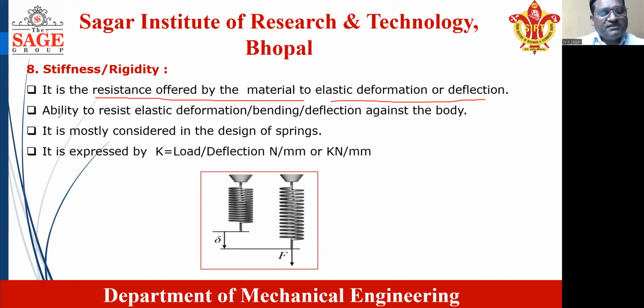It can also be defined as the ability to resist elastic deformation, bending, or deflection. It is mostly considered in the design of springs, and it is expressed by K equal to load upon deflection. The unit is Newton per mm or kilonewton per mm. So these are the examples for the stiffness property.